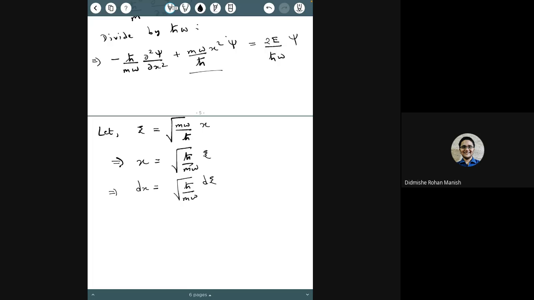So it became dimensionless, and now we go over to some variable where the constants are removed. D psi. Okay, so now we have to evaluate the second derivative. So let's see what that looks like.